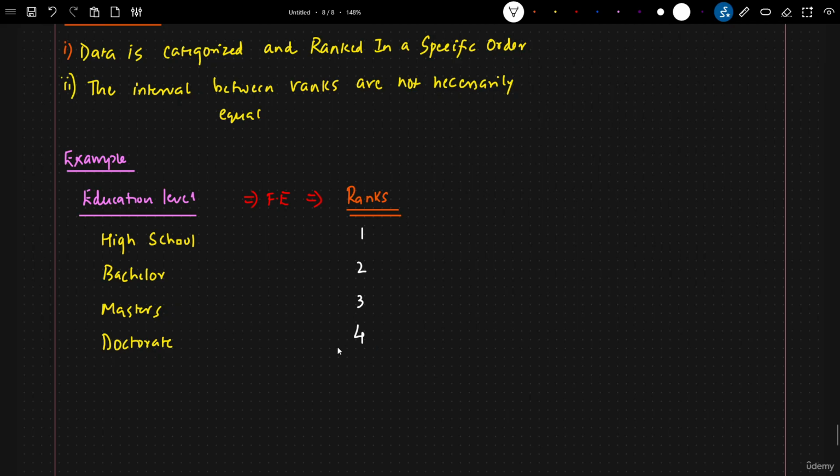So here I'm giving more importance to doctorate, right? This is why I've given the rank in ascending order. I'm saying the maximum value I'll give to doctorate, then less value to masters, then bachelors, then high school, because I know doctorate will probably have higher salaries, something like that. So this is one example.